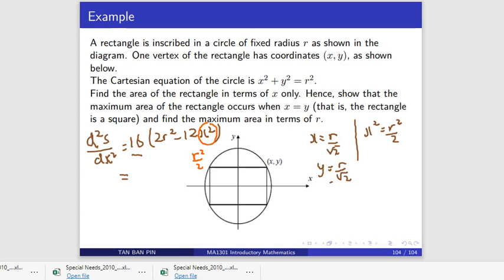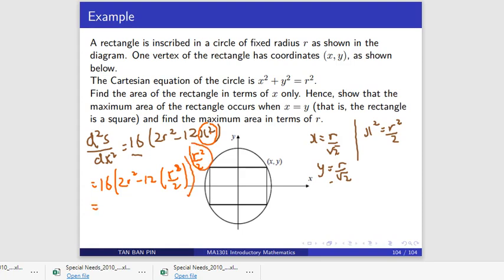So d2A/dx squared will be equal to 16 bracket 2r squared minus 12 bracket r squared over 2.